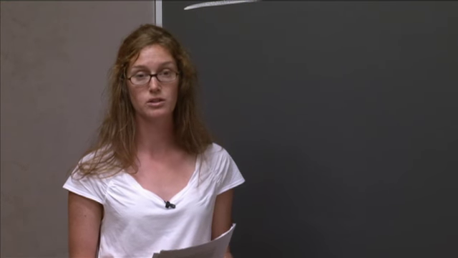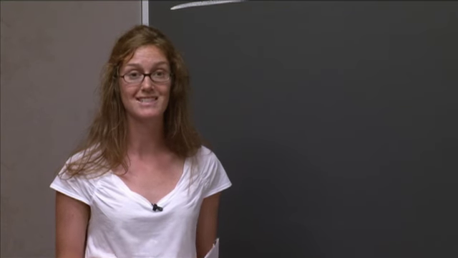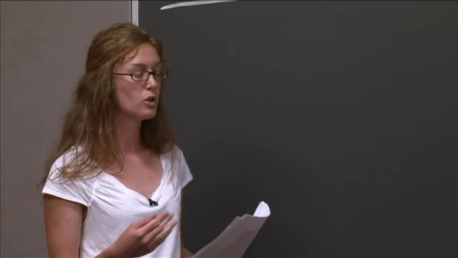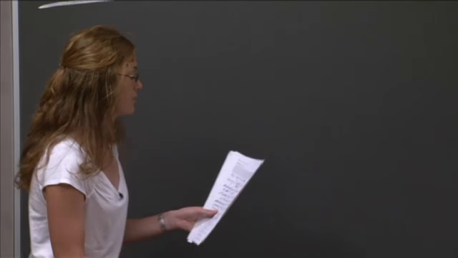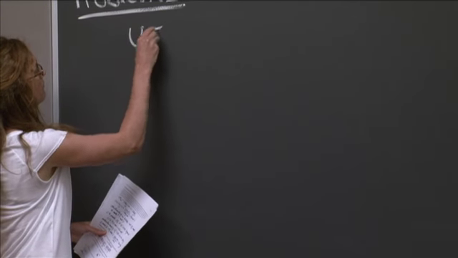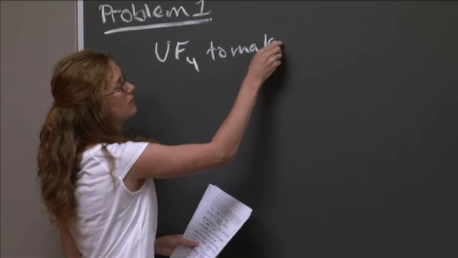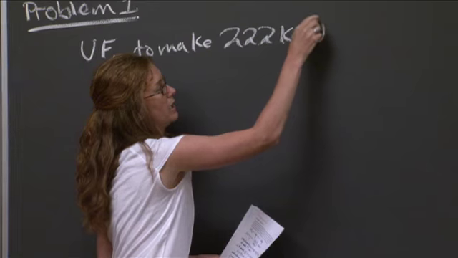To produce 222 kilograms of uranium, how much uranium tetrafluoride must be introduced into the reactor? So that's what the question is asking us. Then it says, assume complete conversion of magnesium, express your answer in kilograms. So the question is asking us for the uranium tetrafluoride needed to make 222 kilograms of uranium.